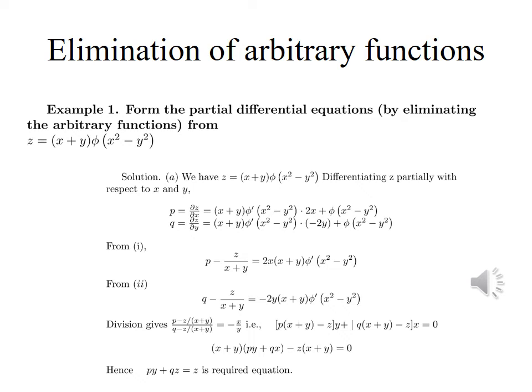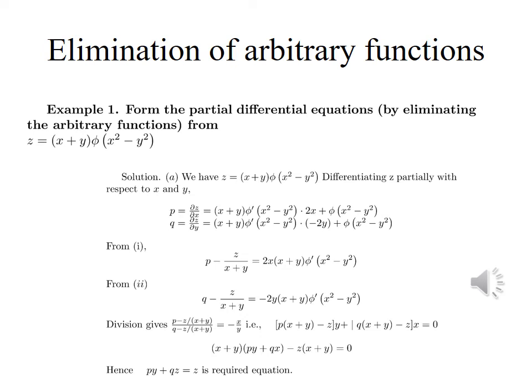Similarly, q minus z divided by x plus y equal to minus 2y into x plus y into phi dash of x square minus y square. Now you might have got a clue that when you divide these two, we can cancel phi dash, so that we in turn eliminate the arbitrary function phi.